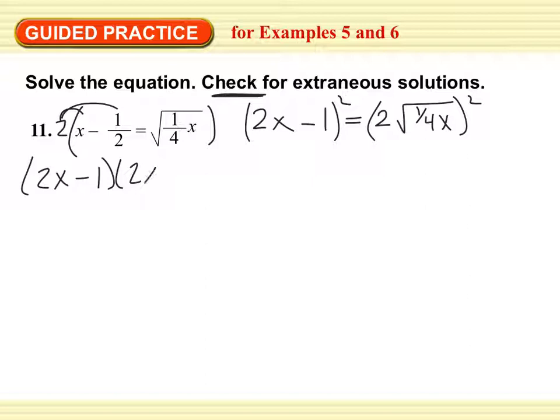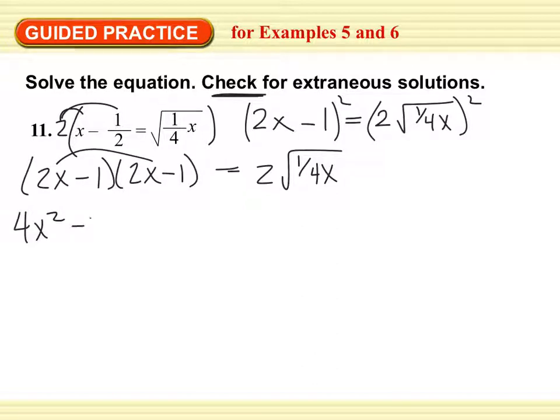So I write this one twice. I'm going to expand it. I know I have a 2 outside the radical here, and because there's no plus or minus there, it's actually not a big deal. So first times first, 4x squared, outer, inner, last. I'm going to square this.